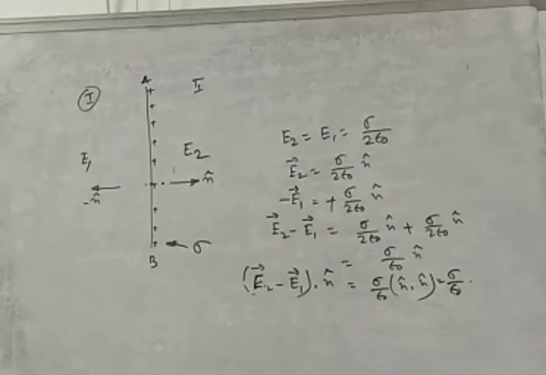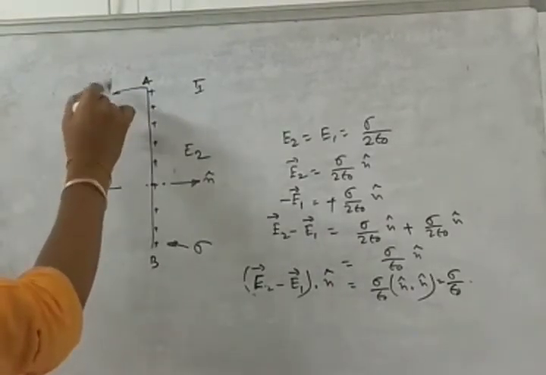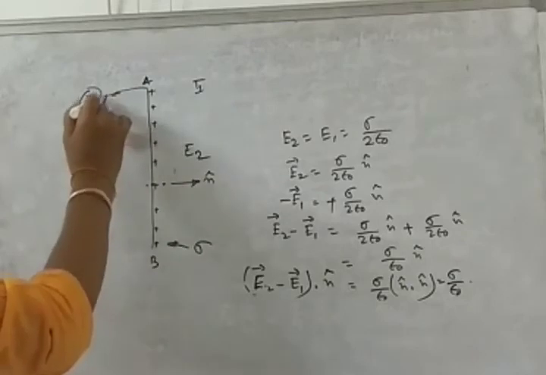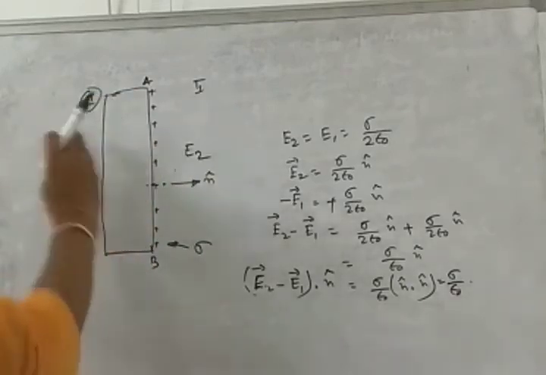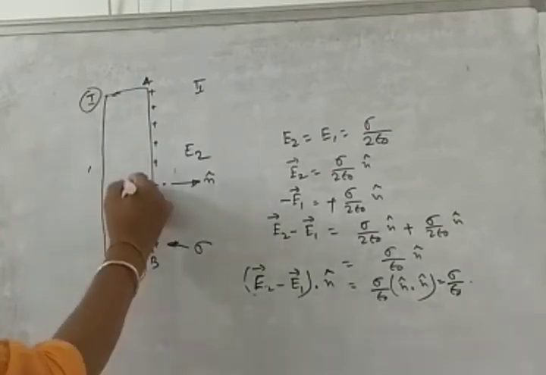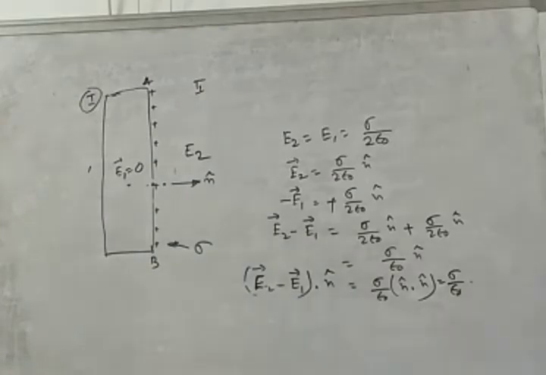Now from this result we can prove, if this is our conducting surface, this is a conductor, then the electric field here, E1, is equal to 0.